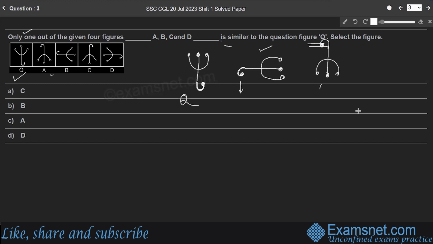Out of 4 options, option A is similar to the question figure. So it is rotated through 180 degrees. Therefore, here figure A is in option C. Option C is the right answer.